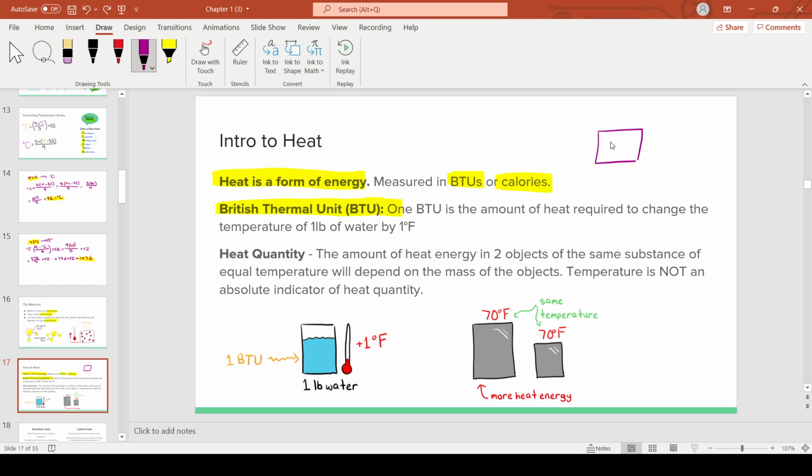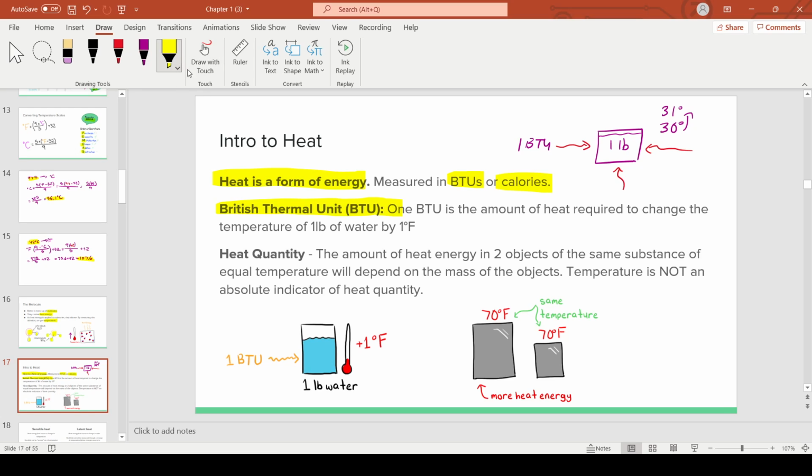So if we took 1 pound of water and applied heat energy to it, however much heat energy we had to apply to raise it from, say, 30 degrees to 31 degrees, that is 1 BTU of heat.